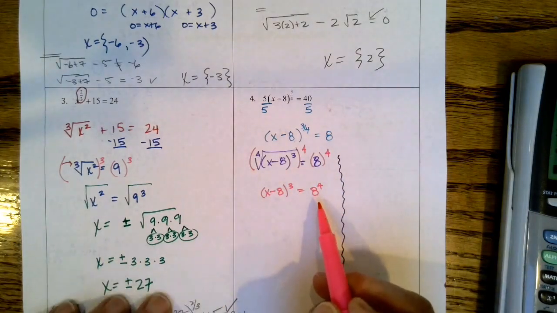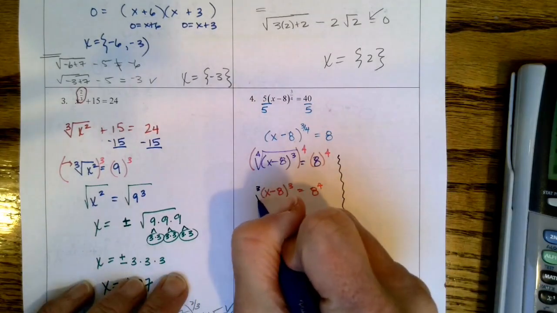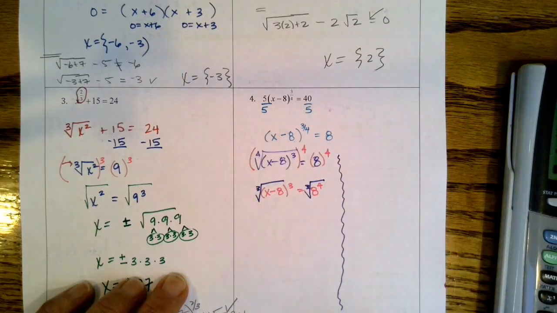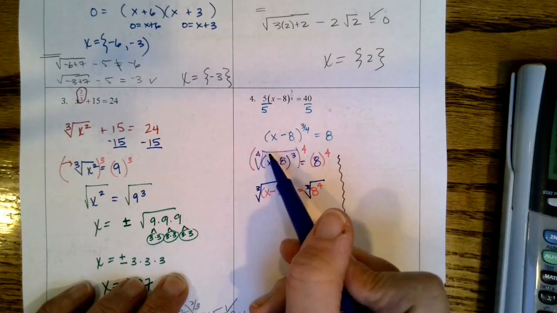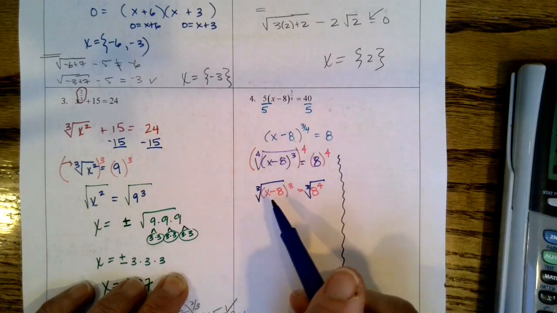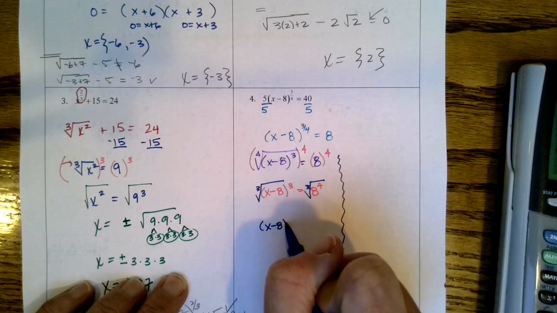Notice I don't bother multiplying that out because I know I'm going to have to be doing some more math here. Now it's time for me to take the exponent and undo that by using the radical. So if you have a radical, the exponent will cancel it out. If you have an exponent, the radical will cancel out. So now I have just x minus 8.